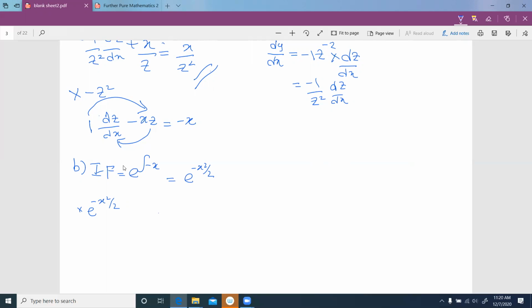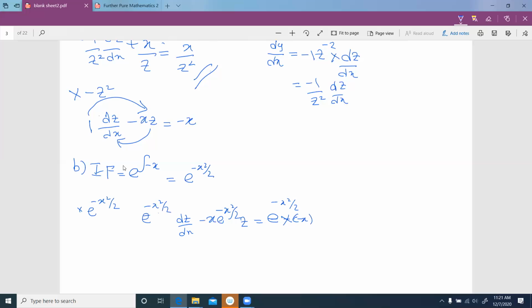Then this equation turns into this: e to the power minus x squared over 2 dz by dx minus x times e to the power minus x squared over 2 z equals e to the power minus x squared over 2 into minus x.